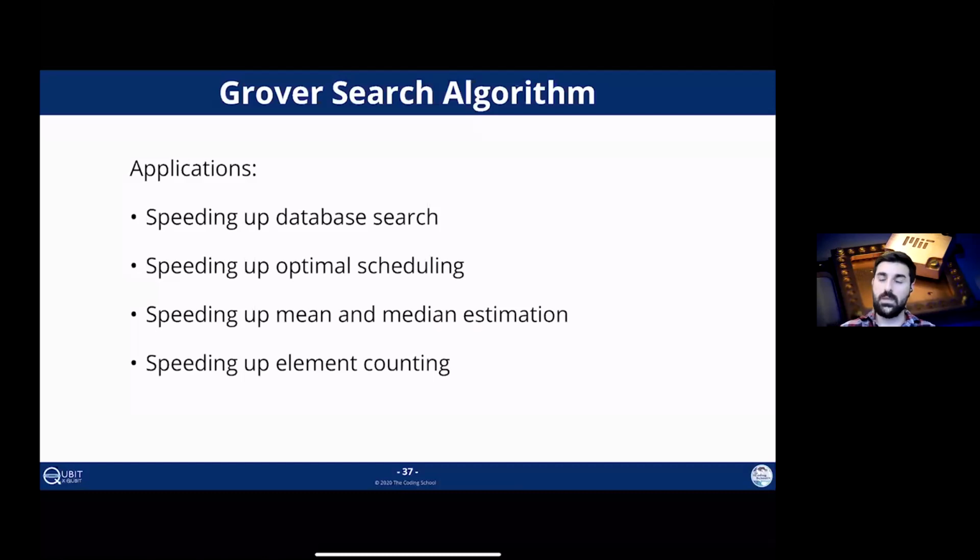It speeds up mean and median estimations. Of course, this has a lot of applications when it comes to data processing, image processing, things like that. And it also speeds up element counting. So if you're trying to find how many of a specific element you have in your list, it also helps with that.